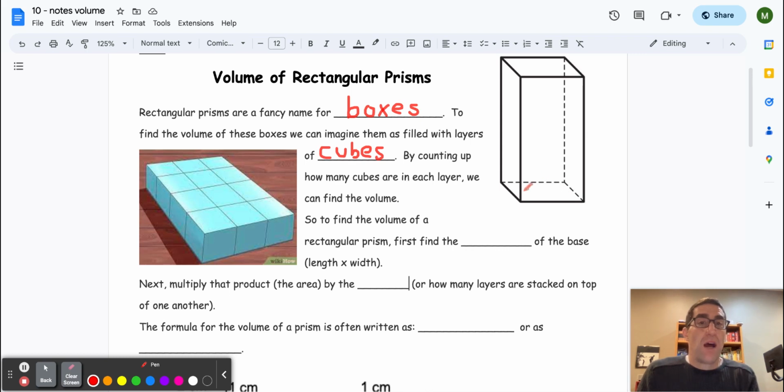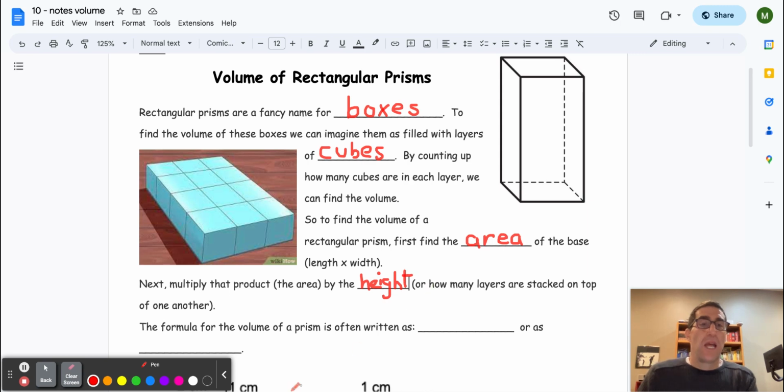Once I did that, I would basically be finding the area. So to find the volume of a rectangular prism, the first thing you do is find the area of that base. Once you've found that area, you think about how many layers of that area are stacked on top of one another, because that's in essence saying what's the height.